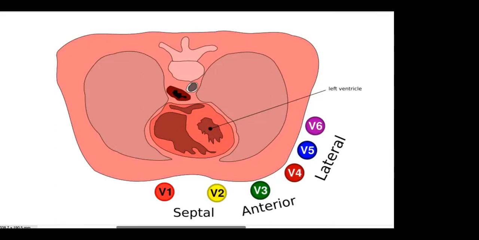This is going to be very, very important when you are having an ECG that is pathological, a blockage of the right or the left side, and you see a QRS complex that is pathological, but you don't know if it's on the right side or on the left side.